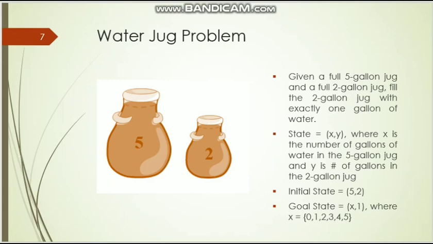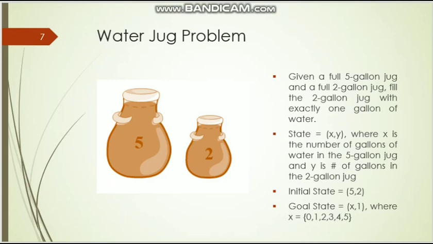So the state can be anything with x and y. We can consider this part as x and this part as y. The x may be any integer value from 0 to 5, and y may be any integer value from 0 to 2. The goal state is we have to have exactly 1 gallon of water. That means y should be 1 and x can be anything.